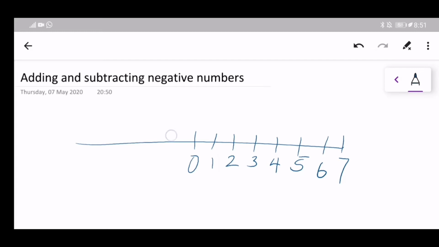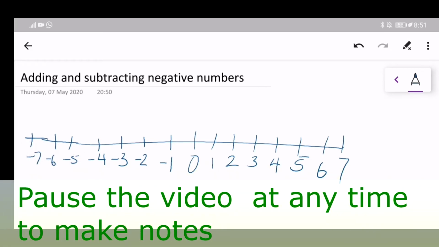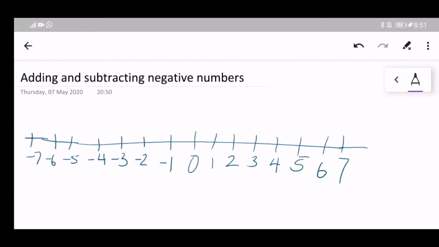And after 0, you're going to get a -1, -2, -3, -4, -5, -6, -7. Now, as you know, the number line is much longer than this, because after -7, there's -8, -9, -10. And on this other side, after 7, there's 8, 9, 10, etc. So this is just a portion of the number line.